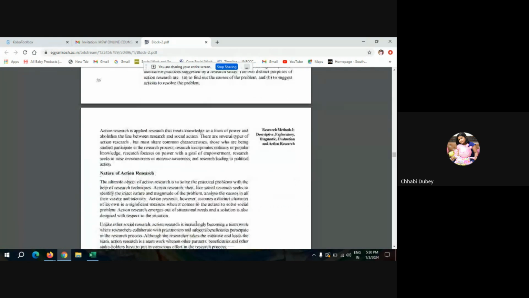Now, action research is generally applied research that treats knowledge as a form of power and it abolishes the line between research and social action. So, it generally tends to diminish any kind of difference between research and social action. Now, there are several types of action research, but generally, most of them share some common characteristics.